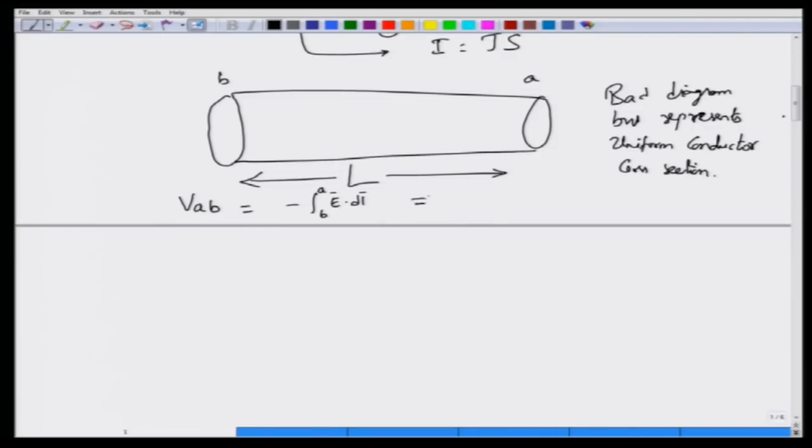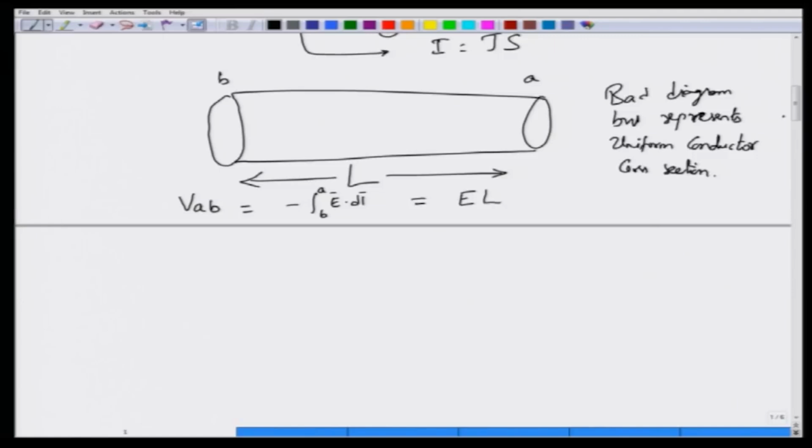If the electric field and dl are aligned properly and the electric field happens to be uniform over the piece of length that we have considered, then you can simply replace this by E into L. Whether B is at higher potential or A is at higher potential, you have to determine appropriately.